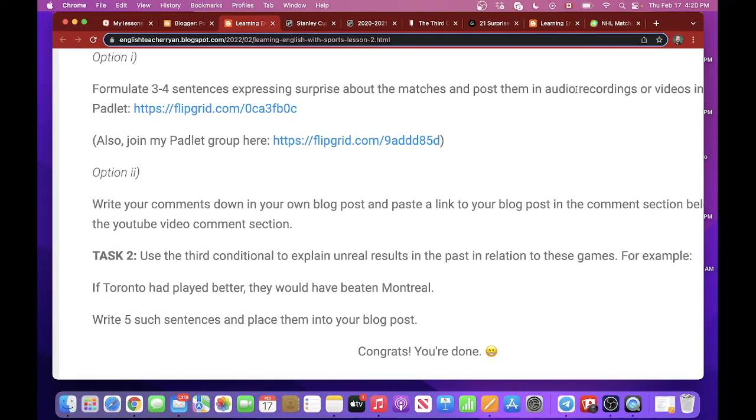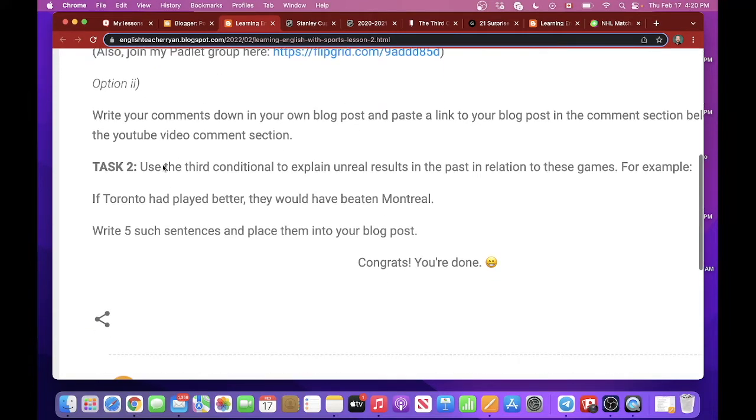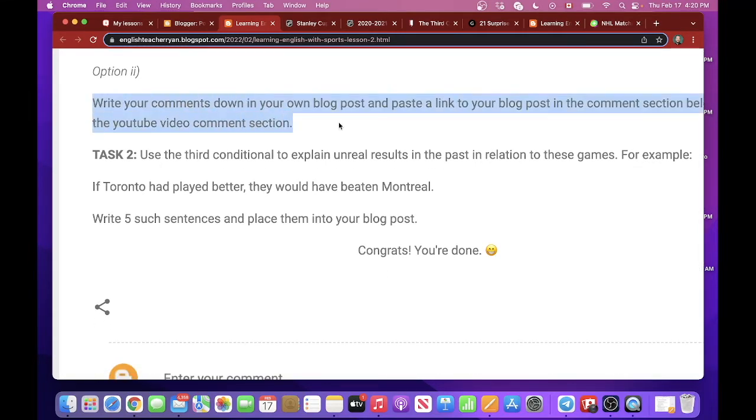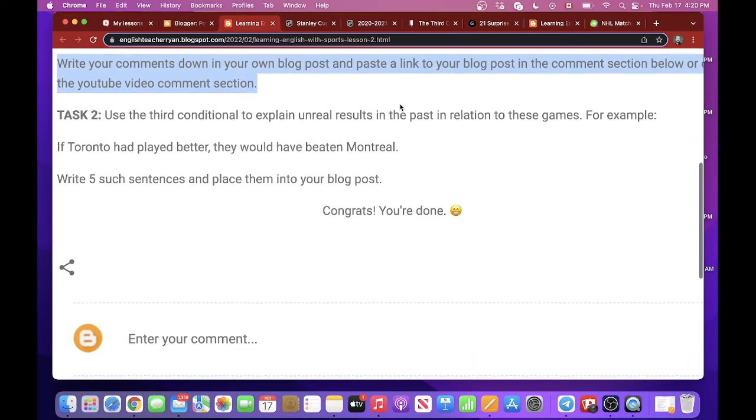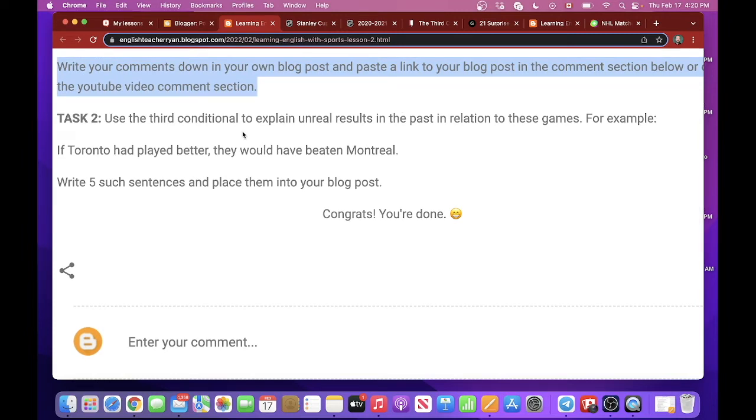So for example, you could say, I am utterly surprised that Toronto lost to Montreal, right? Or I couldn't believe that Colorado beat blah, blah, blah, right? So 3 or 4 sentences doing that. Option 2, you could do the exact same thing, but you could just write them down in a blog post. And as always, paste a link to your blog post in the comment section below or in the YouTube comment section.